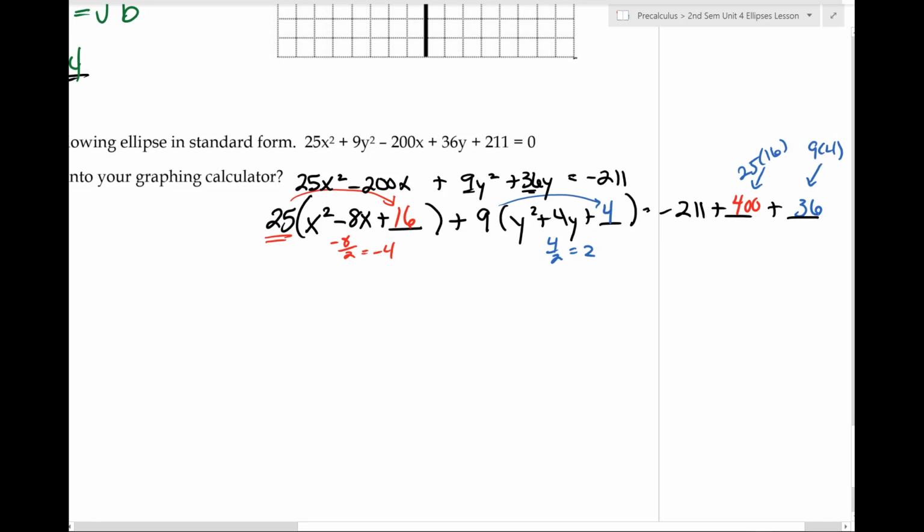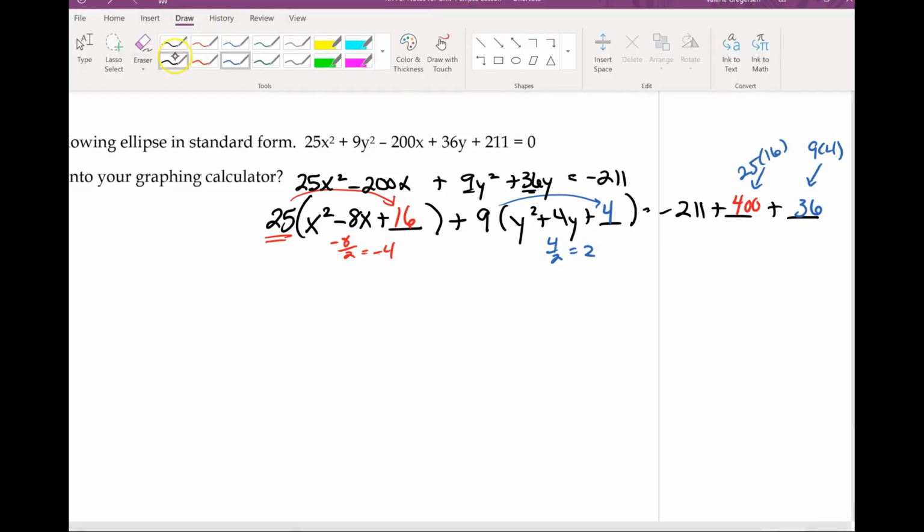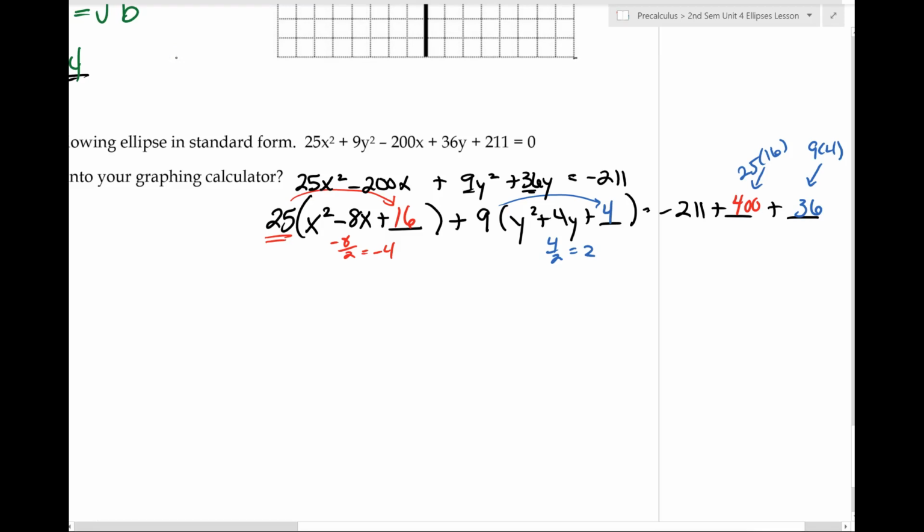So then we use this process. Now I'm going back to writing with black ink. We're setting up our completing the square part, and it gets us really close. I get 25 times the quantity x minus 4 squared, plus 9 times the quantity y plus 2 squared, equals 225.